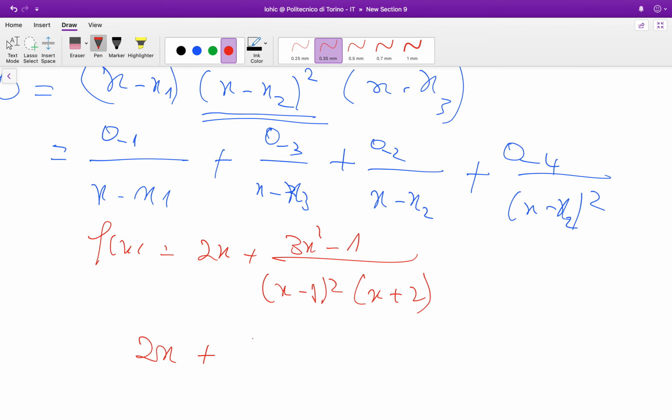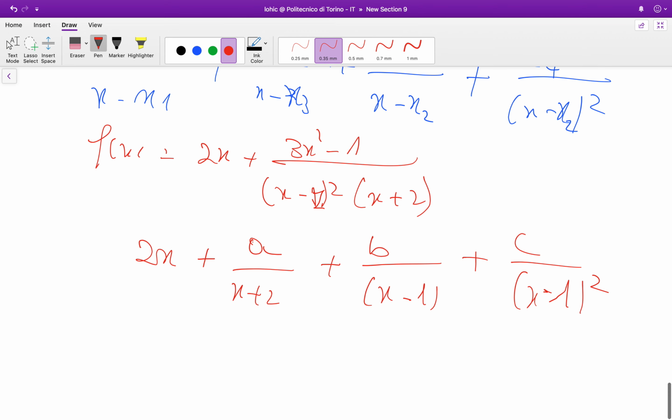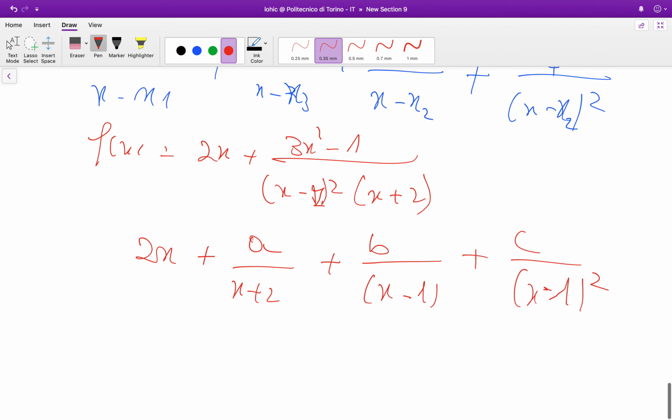For (x + 2), you will use a divided by (x + 2), and you have done, right? But for (x - 1), you will first do one constant b divided by (x - 1), then another constant c divided by (x - 1) squared. Is that clear? And now you can do the identification, okay?